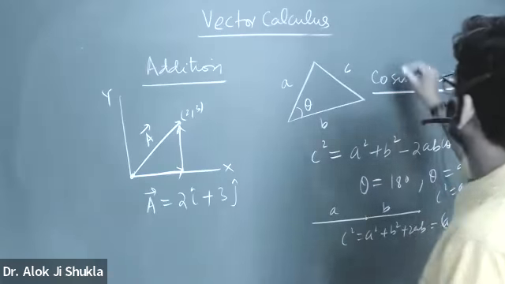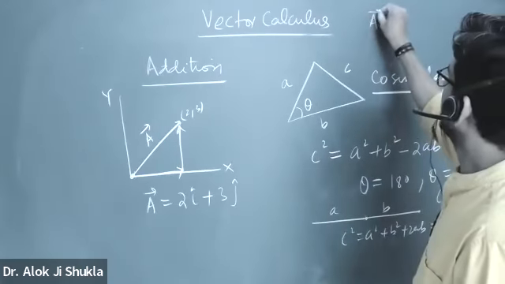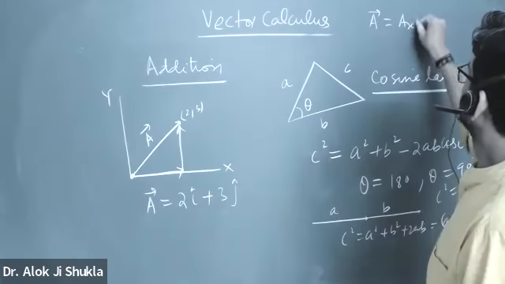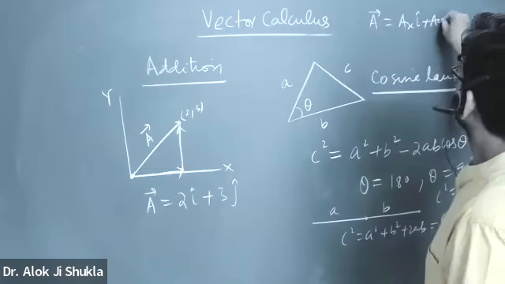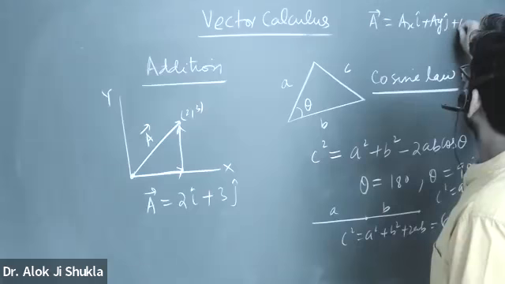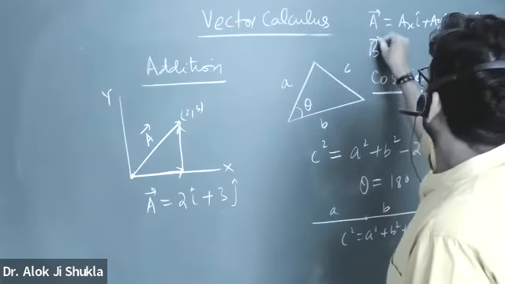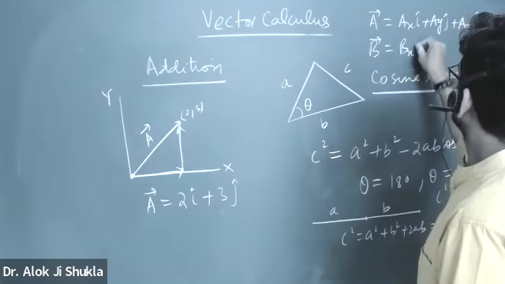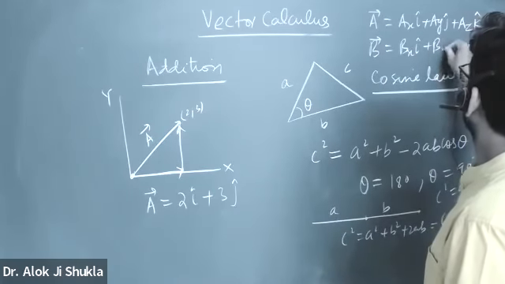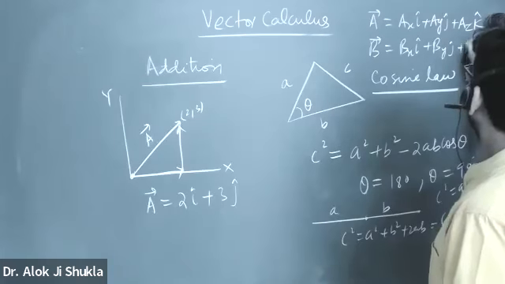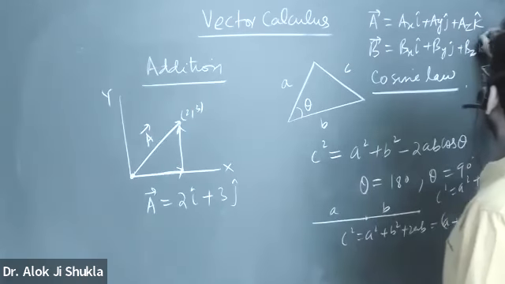So two vectors, if we have, suppose A is equal to AX i cap plus AY j cap plus AZ k cap, and a B vector is BX i cap plus BY j cap plus BZ k cap.